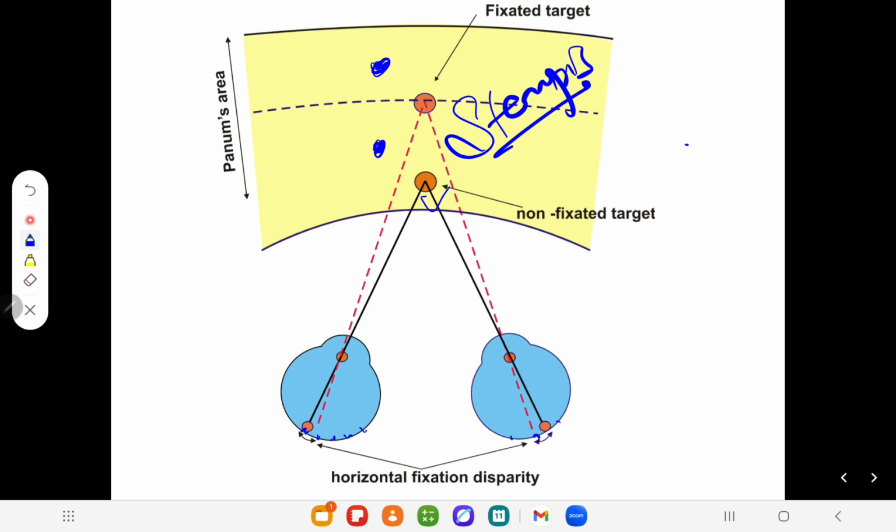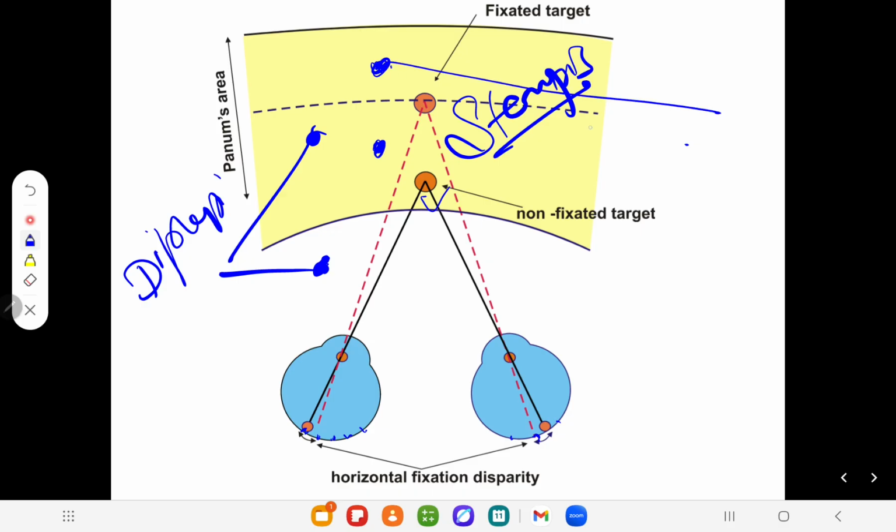One is here and another is here. Let's take an example: this will create diplopia, and within the area this will create stereopsis. That's the difference. I think you got the concept. It's very important to get that concept.